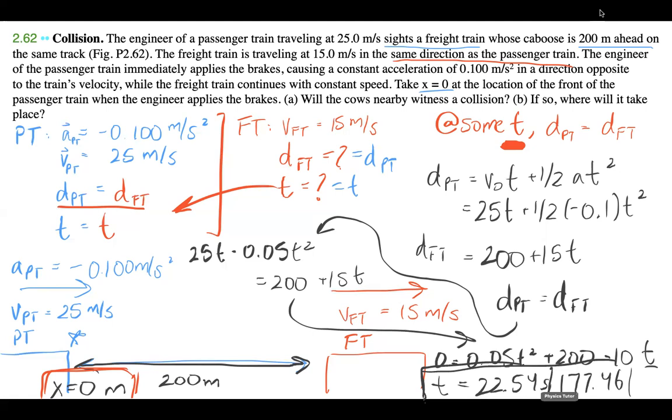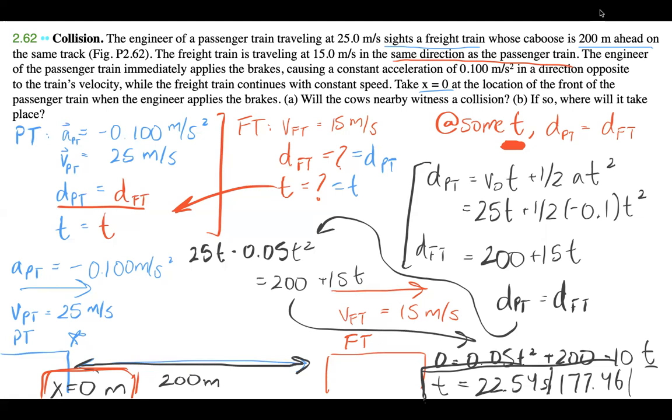Because if we assumed that a collision occurs at some time t, when the distances are equal to each other, and we didn't get a real time value, that would mean it's imaginary, which means that the collision is not happening. But we actually got a real value, 22.54 seconds. So we know, yes, the cows nearby will witness a collision. And if so, where will it take place?